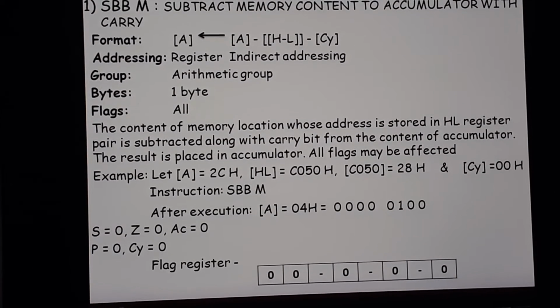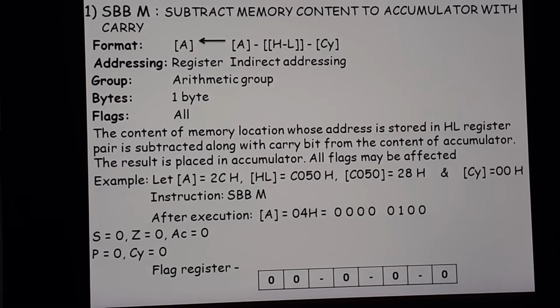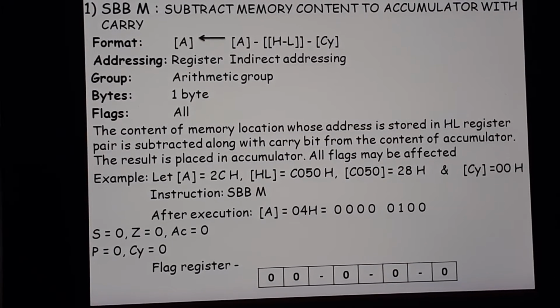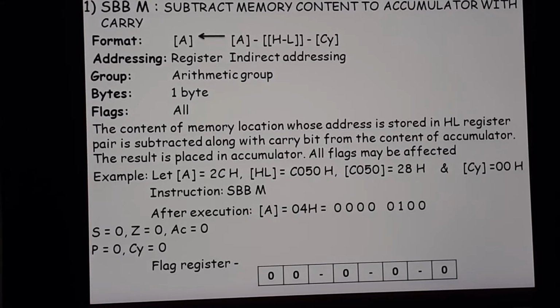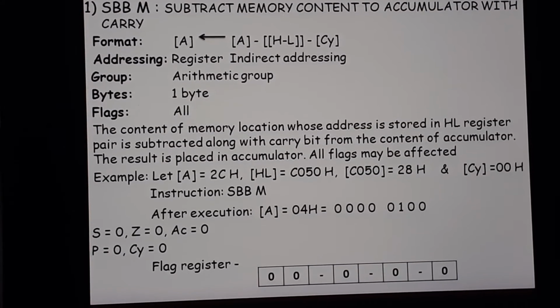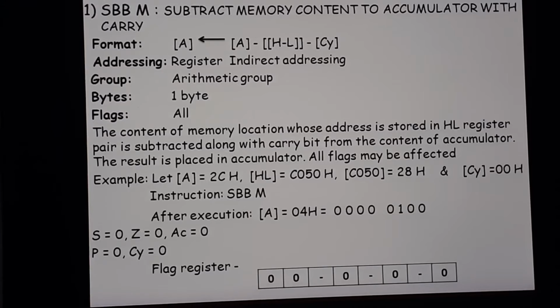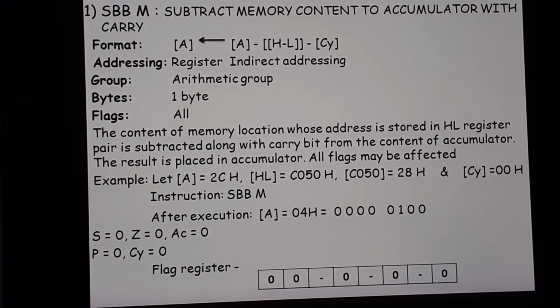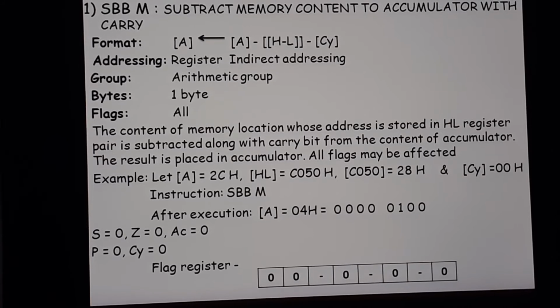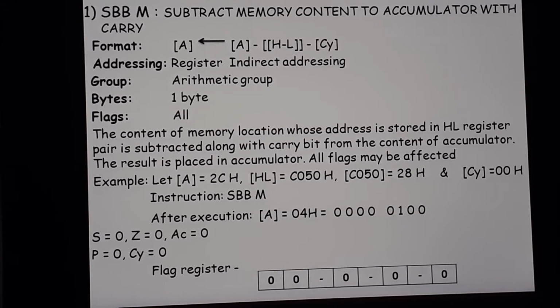So A that I have assumed is 2CH. HL, since it is a 16-bit register, you need to assume 16-bit data, which I have assumed as C050. Now since you need to subtract it with accumulator, you will assume it as 8-bit again. So first 16-bit you will assume, and then you will assume the same as 8-bit, any number. So C050 is equal to 28H.